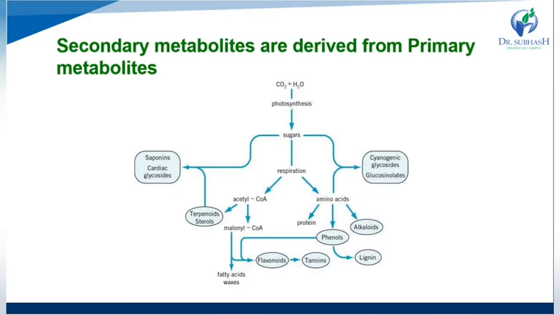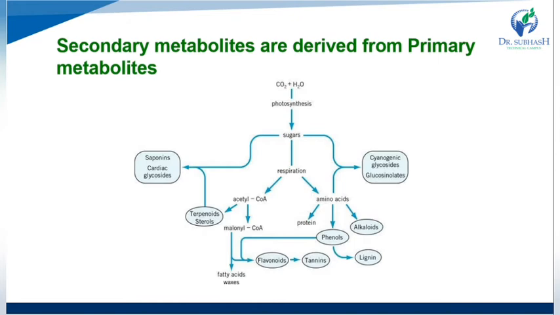Then after the respiration process of the sugar, they generate acetyl coenzyme A and amino acids, these two molecules. The amino acids give terpenoids or sterols, and also proteins, phenols and alkaloids. Then acetyl coenzyme A gives malonyl coenzyme A, and after that gives fatty acids or waxes.